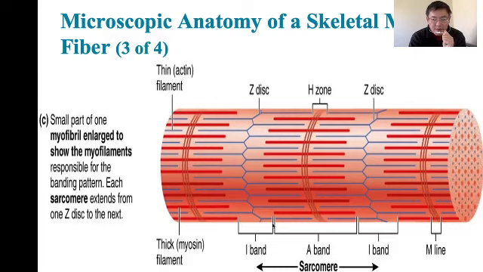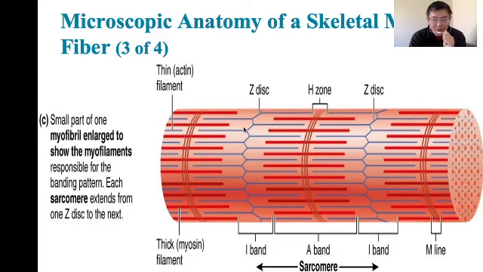So the thick filament is also called A band because this is the dark band. The region between two adjacent A bands is called the I band. In the middle of the I bands, we can see this vertical zigzag strand, which is called Z discs.